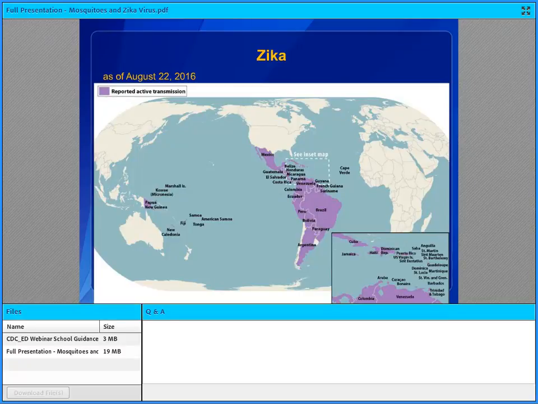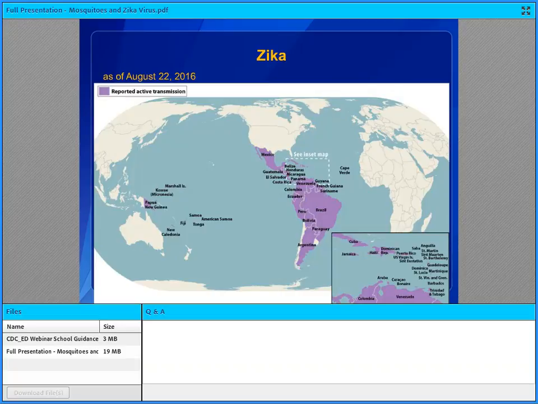This data is on the map on slide number 21, and you can see it is from August 22nd. I have a couple other slides that are dated a couple weeks old, and I didn't update them on purpose. Zika originates in the Ugandan Zika forest in Africa, but this is the largest Zika outbreak in humans in history.